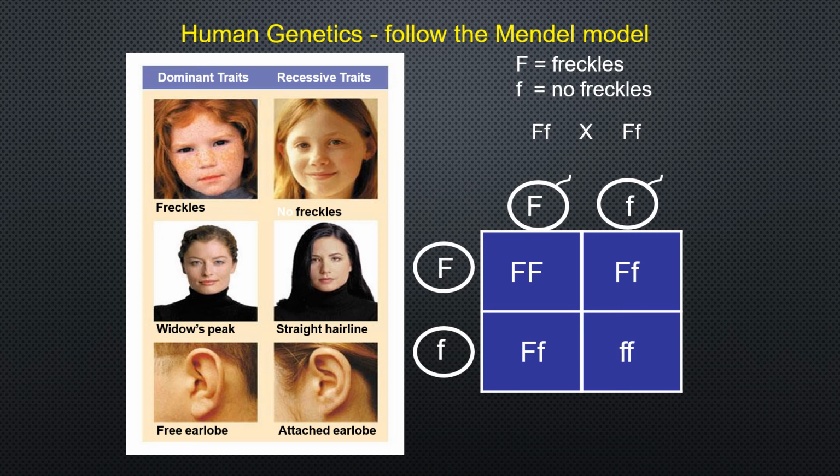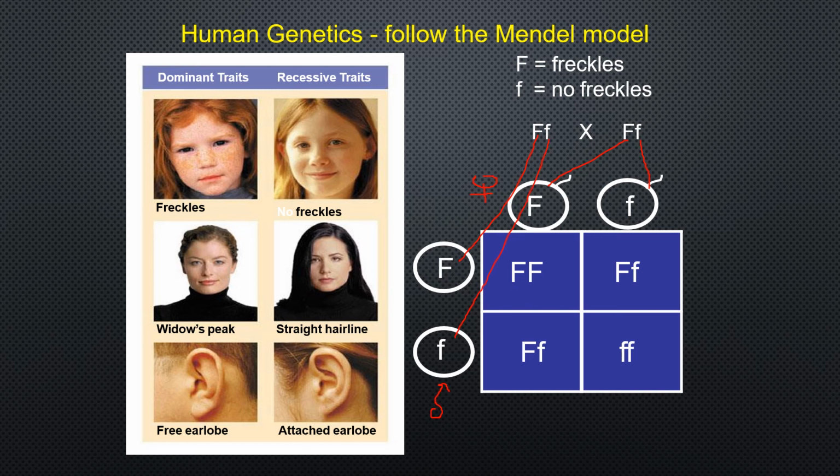Okay, so let's look at this just for freckles, for instance. Let's say that mom and dad are both heterozygous for freckles. So that means mom up here contributed a dominant and a recessive allele, and then dad over here contributed, again, a dominant and a recessive.